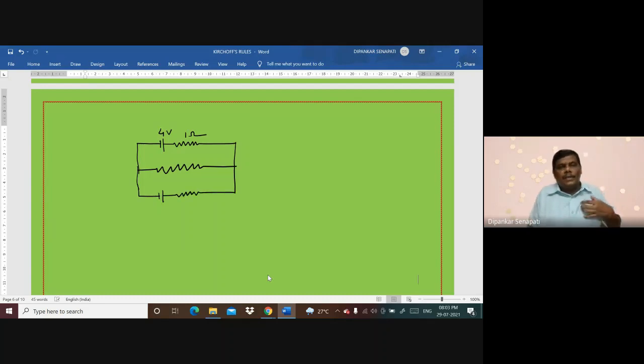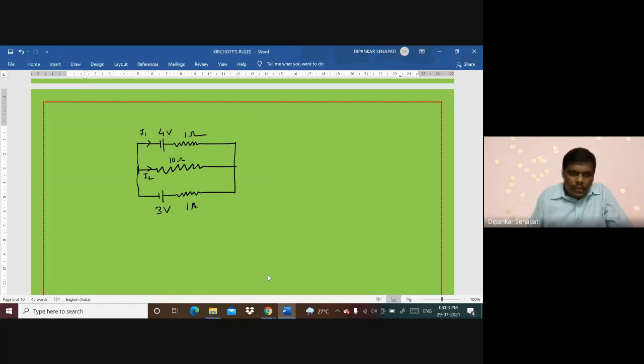Okay, this simple problem we will solve. This is 3 volt and 1 ampere current. And what are we going to find? We are going to find the value of I1. This is suppose 10 ohm. And the value of I2.